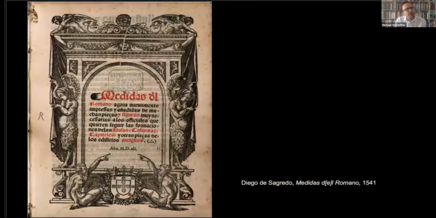Among them is this one, Medidas del Romano, measurements after the Roman, by Diego de Sagredo. The title page to this edition of 1541 presents bases, columns, and capitals as the primary elements of what he calls Romano, the set of forms characteristic of edificios antiguos.